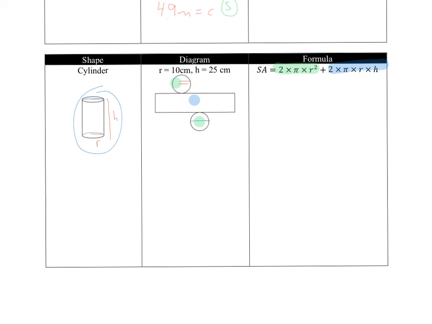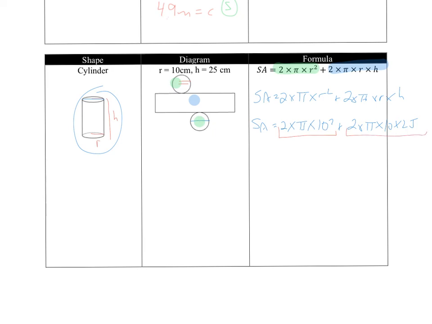So we have surface area equals 2 times pi times r squared plus 2 times pi times r times h, which I should have started filling in the numbers, but let's fill them in now. 2 times pi times the radius is 10 squared plus 2 times pi times 10 times the height of 25. Pretty easy formula. Just watch your pi button on your calculator.